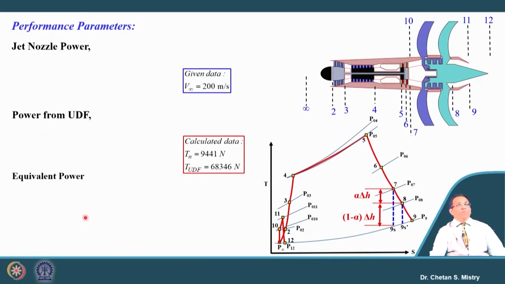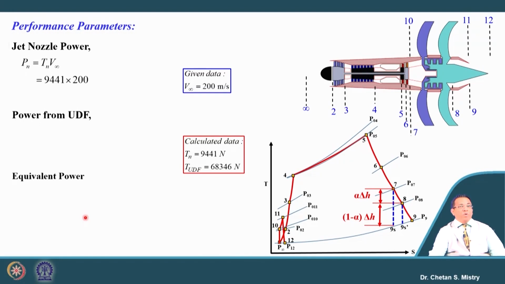Okay. Now, the other parameter we want to calculate is power, because we are discussing the power turbine configuration. So, we are also interested in the calculation of power generated by the nozzle as well as the power required to run the unducted fan. The nozzle power can be written as T into V infinity.